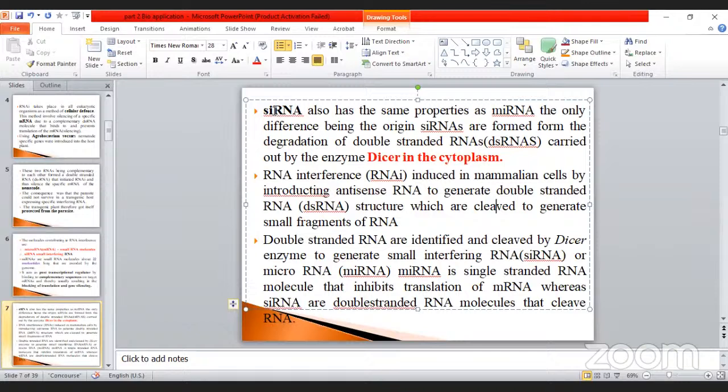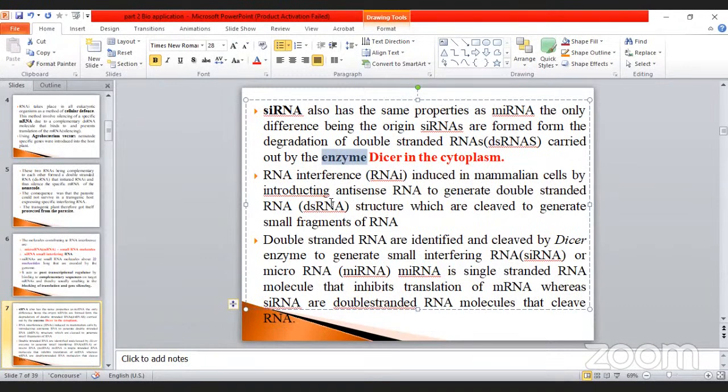The siRNA will not function without the dicer. That enzyme is present in the cytoplasm of the cell. The double-stranded RNA molecule is cleaved into small fragments of RNA.